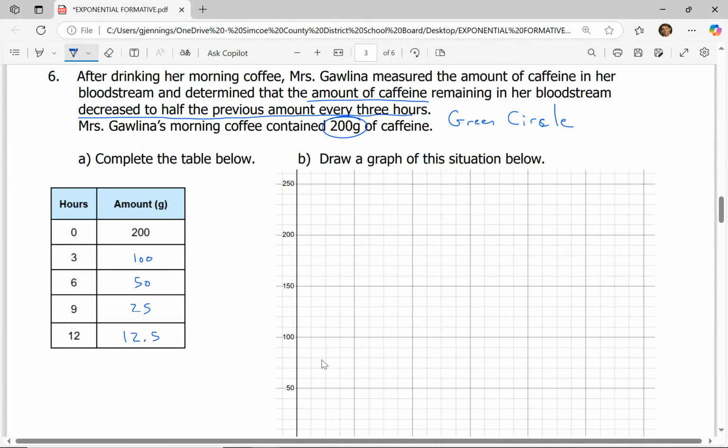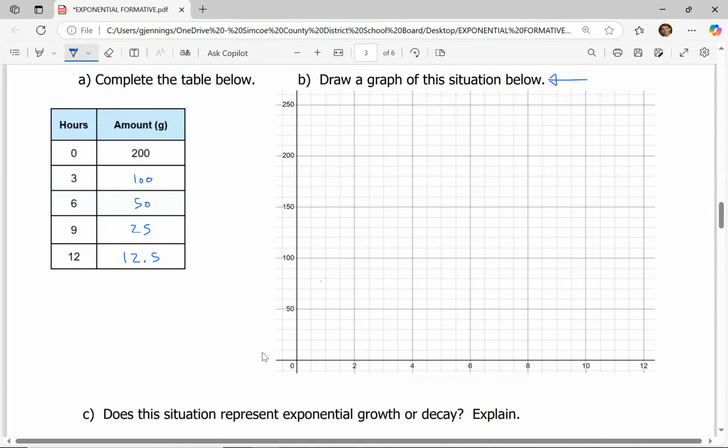Draw a graph. Don't mind if I do, because I love me some graphs. Boom. 3 is 100. Boom. 6 is 50. Just put your points on there. 25. And 12 is half of 25, so that's about there.